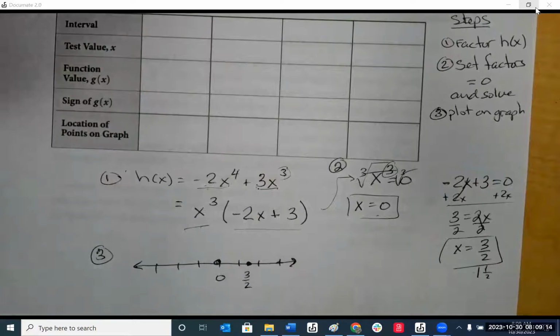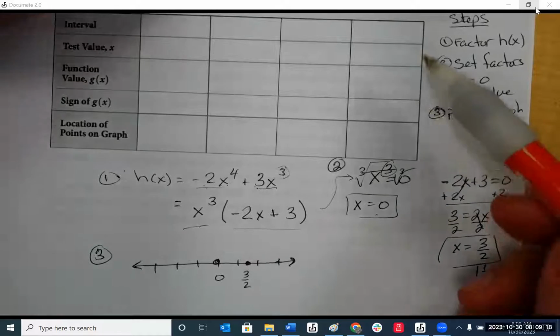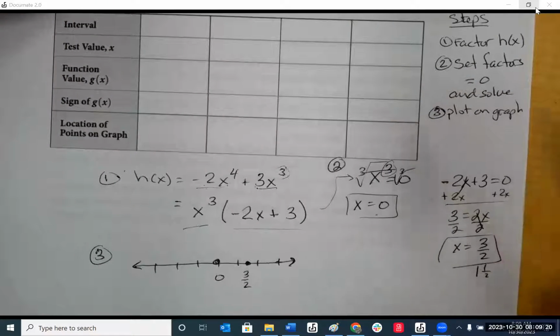Now we're supposed to sketch the graph. I'll show you the way this section is supposed to do it, but then we'll go back to the way I showed you last section.